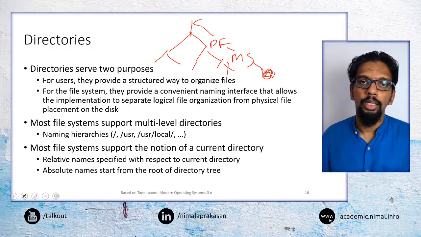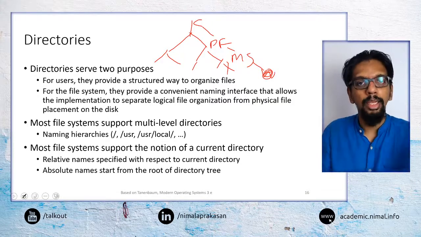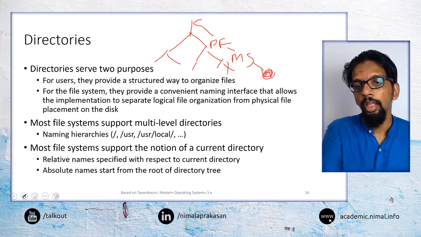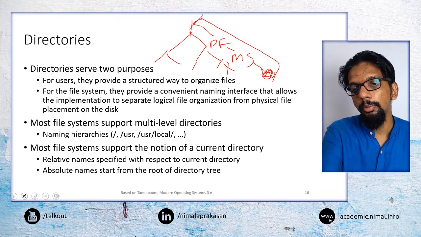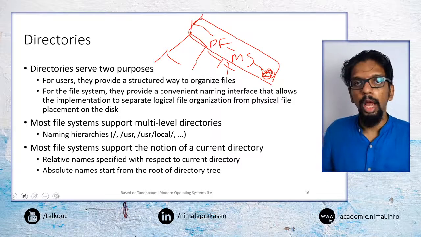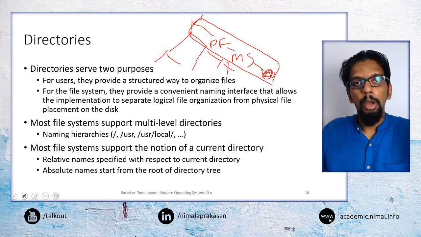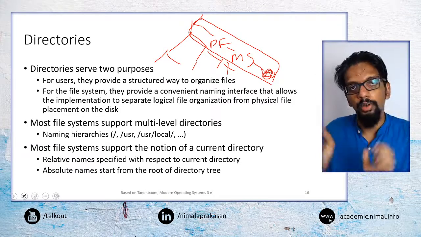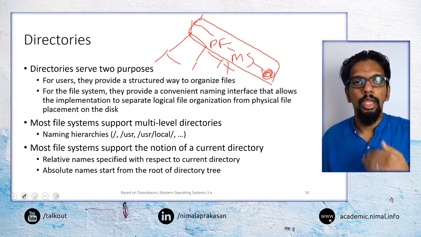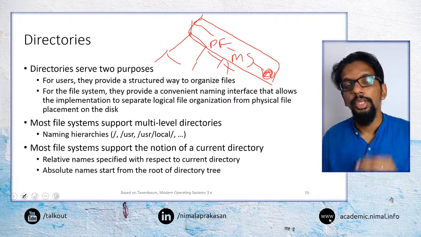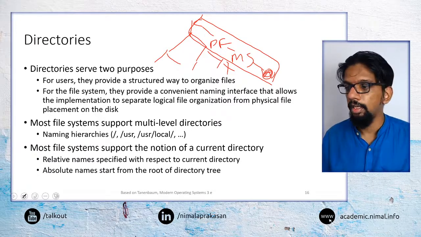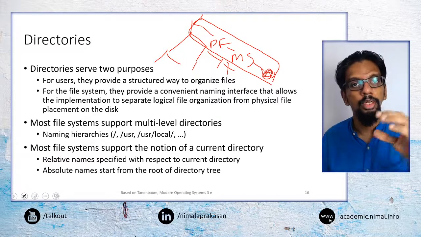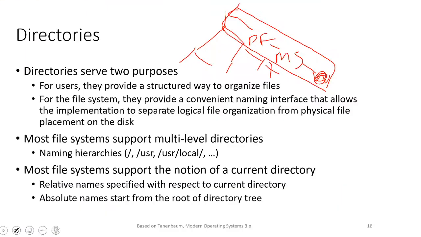As a naming convention, we would be able to use this hierarchical path into the directory as part of the file name, to identify a particular file. So these are some of the features that we may find in file systems relevant to directories.